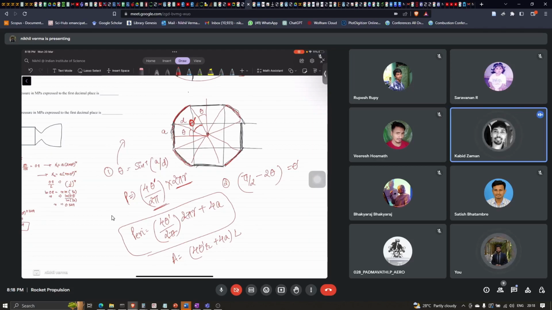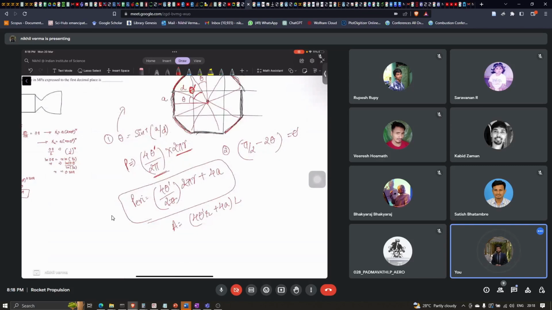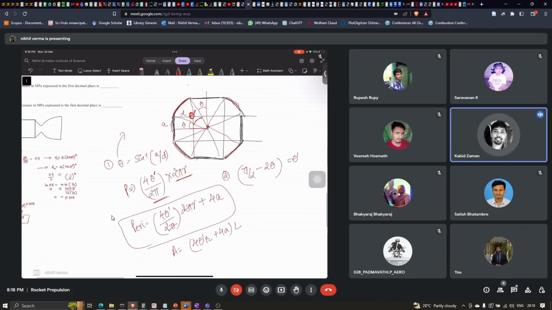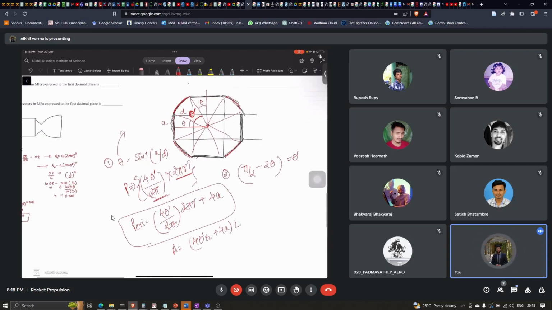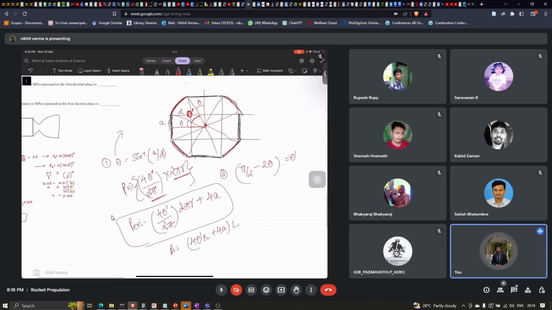Yes, arc length is directly equal to theta prime into r. You can do it in this way also. So I hope this calculation is clear, right?